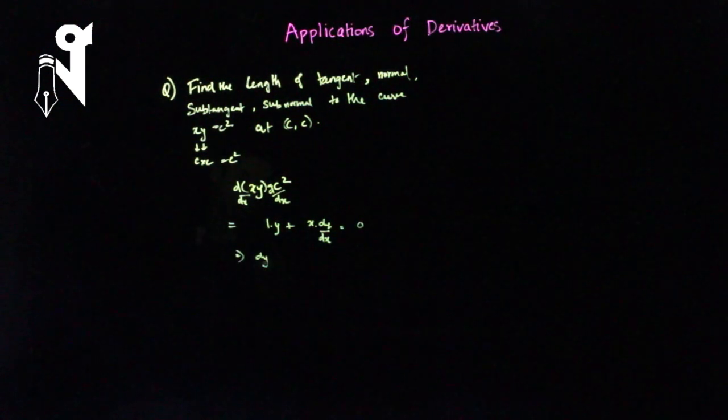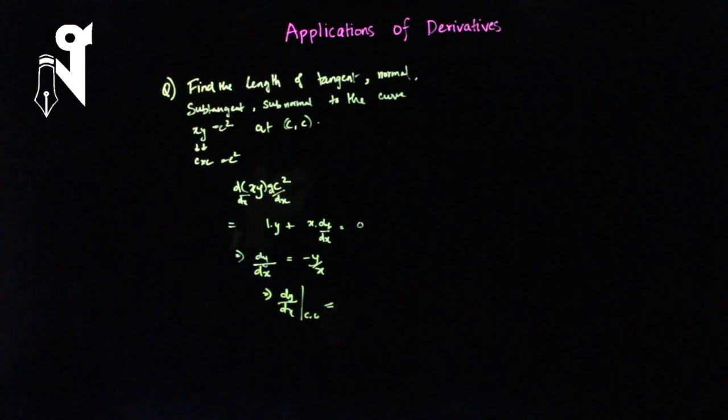So I have dy by dx is equal to minus y by x. Now just substitute the values of x and y as c comma c. Whatever the point is given, you will get dy by dx at c comma c is equal to minus c by c, which is minus 1. So this is the slope at the point c comma c.